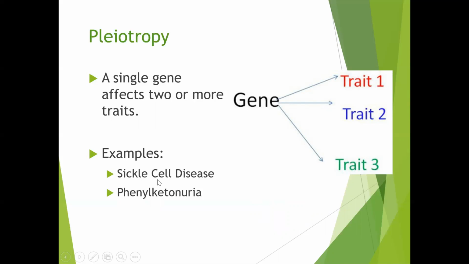Sickle cell disease causes a malformation of the hemoglobin protein, but in turn, this also affects the kidneys and other body systems. So that's why we say this one gene can affect many different traits or phenotypes in your body.